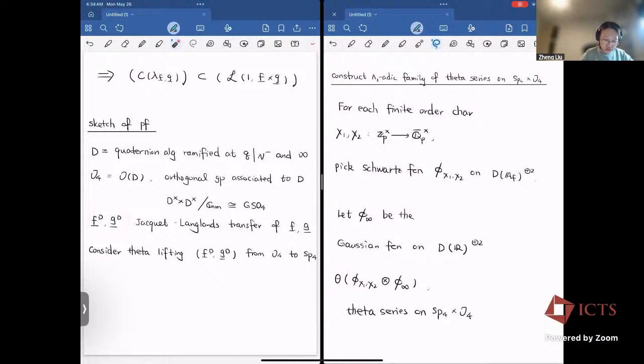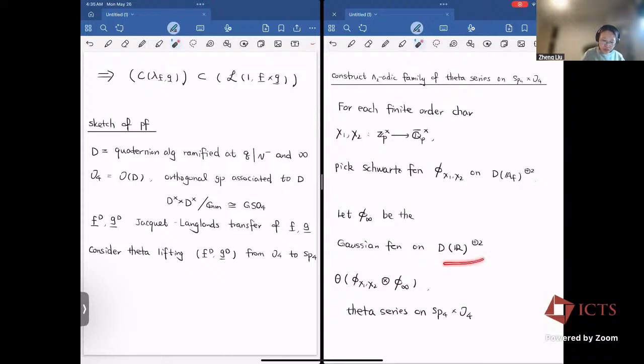To get the family of theta series, for each finite order character chi1, chi2, basically these are the points in the weight-two variable weight space which are finite order characters, I will pick a Schwartz function phi sub chi1, chi2 on the two copies of this quaternion algebra at the finite places.